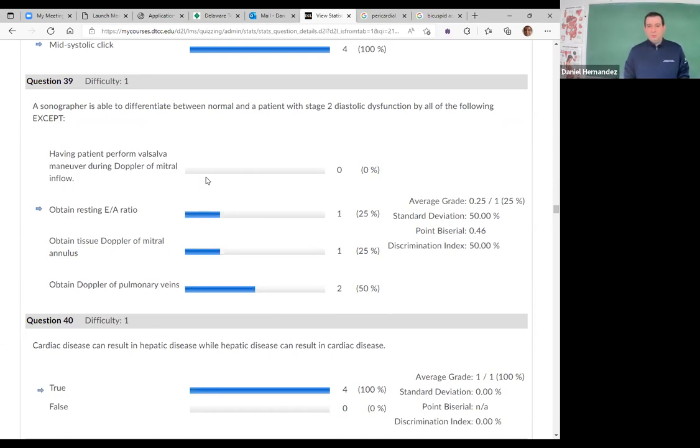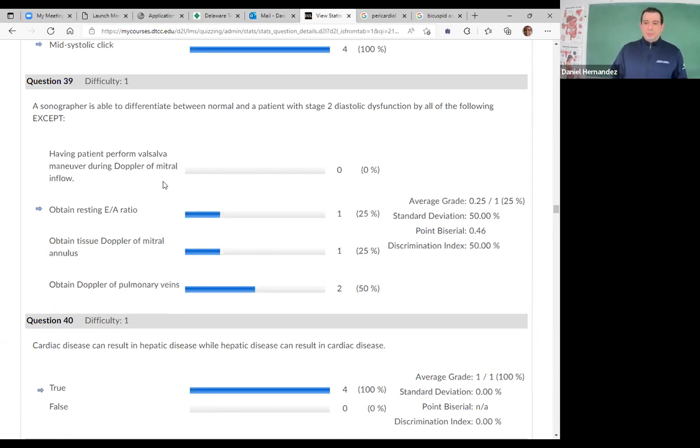In order for us to differentiate, we need to have the patient perform a Valsalva maneuver while Dopplering the mitral inflow. Then we'll see that E to A reversal. During Valsalva, it will revert to impaired relaxation, where we have the little e and big A. We can also obtain tissue Doppler of the mitral annulus.